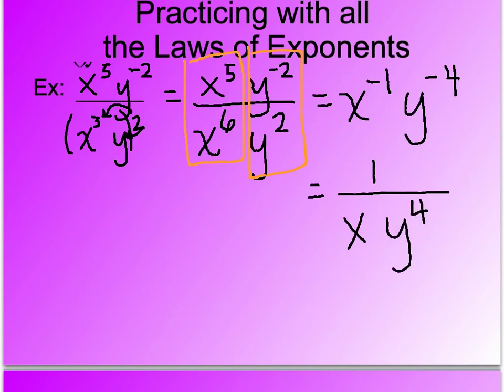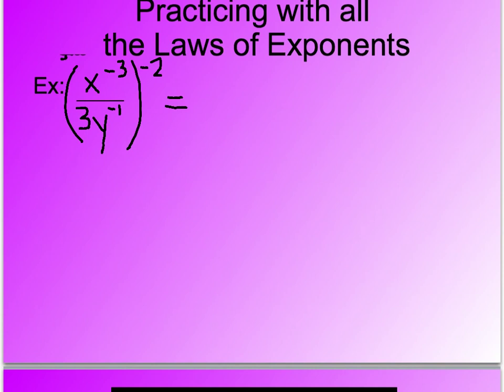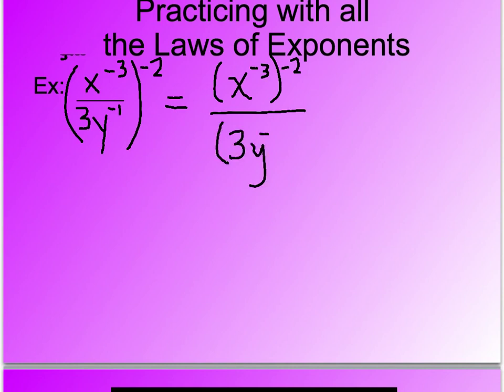The first thing I've got to do in this case is apply this negative 2 on the outside of the parentheses to both the numerator and the denominator. So just rewriting it, it's going to look like this: x to the negative 3rd raised to the negative 2 over 3y to the negative 1 raised to the negative 2.